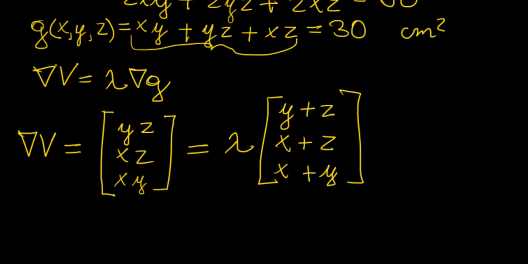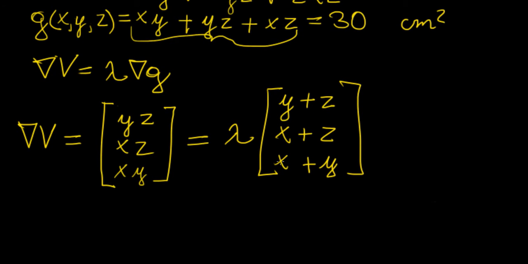So what we're going to do now is we're going to grab these 3 equations and we're going to set it up in the following way. So remember, when you have a vector multiplied by a constant, the constant just basically multiplies every single element in it. So what I like to do in order to solve these problems is to set up lambda such that it is equal to fractional expressions.